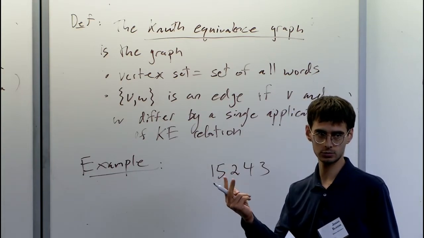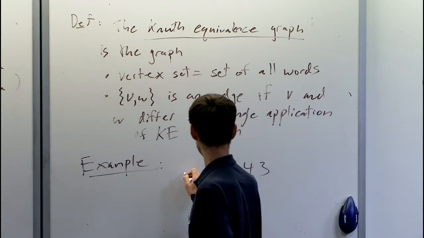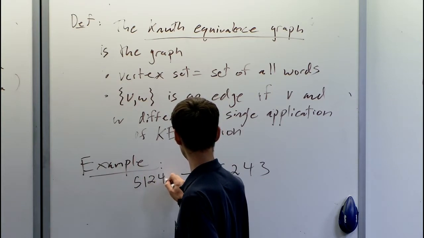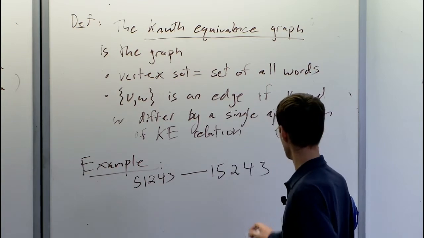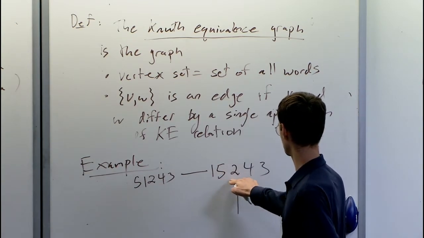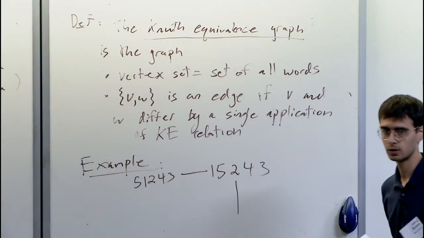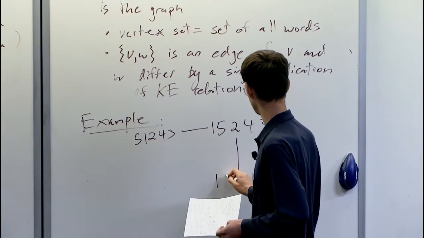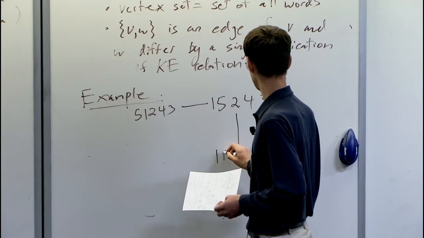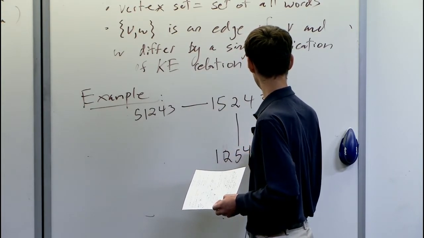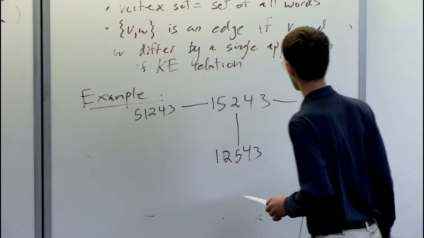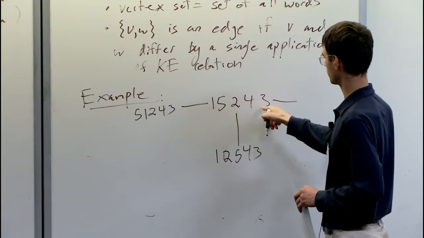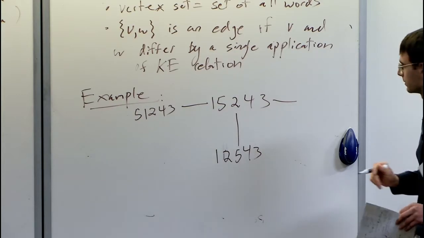It's a witness to the fact that I can swap them. So I'll draw an edge there, so I can go to 5, 1, 2, 4, 3. What about the next three letters, 5, 2, 4? 4 lies in between 5 and 2, so I can swap the 5 and the 2. Get 1, 2, 5, 4, 3. The last three letters, 2, 4, 3, I can swap the 2 and the 4 because the 3 lies in between.